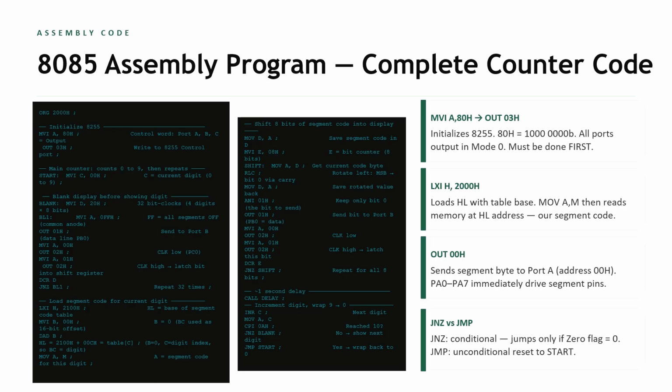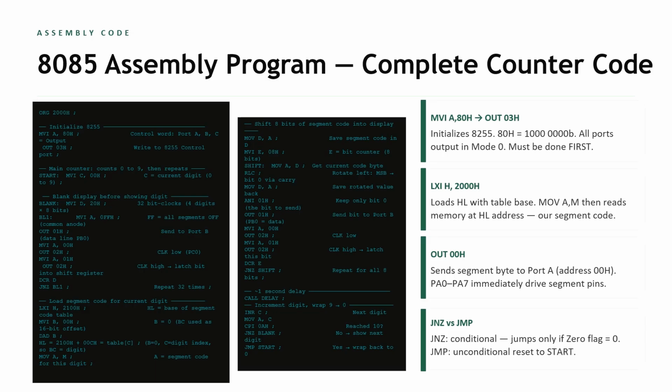At address 2018, we load the base address of the segment table, 2100, into HL. We set B to 0, then DAD B adds BC to HL. Since B is 0 and C holds the digit index, HL becomes 2100 plus the digit number.